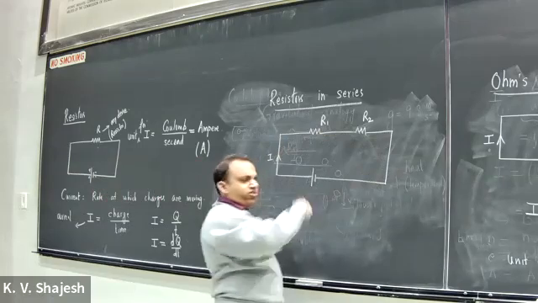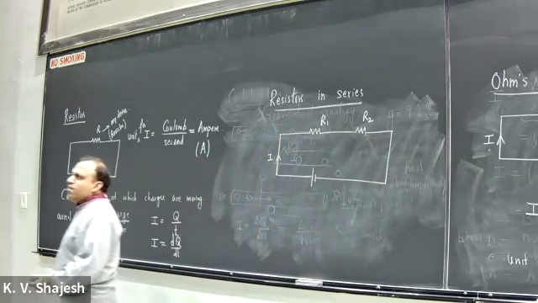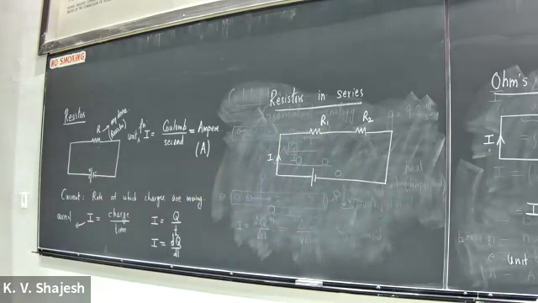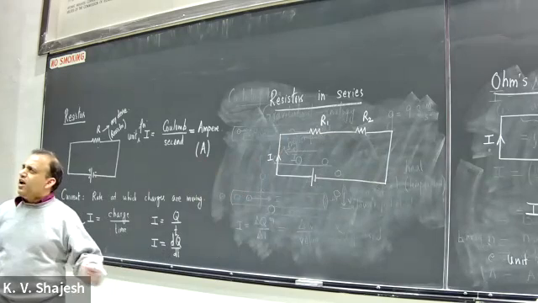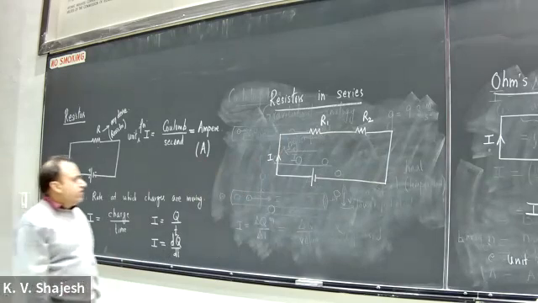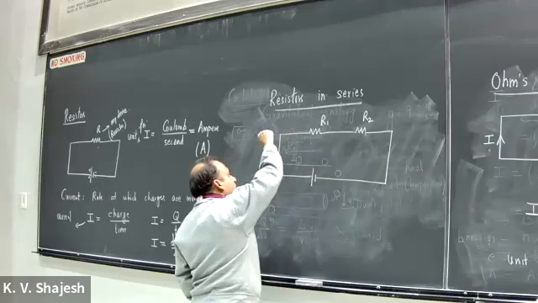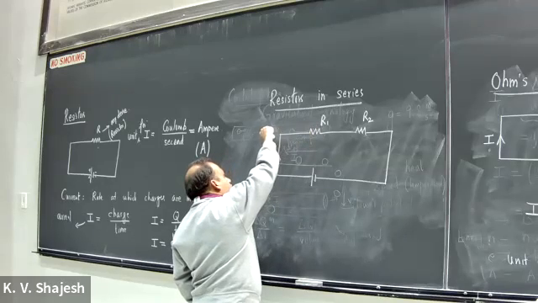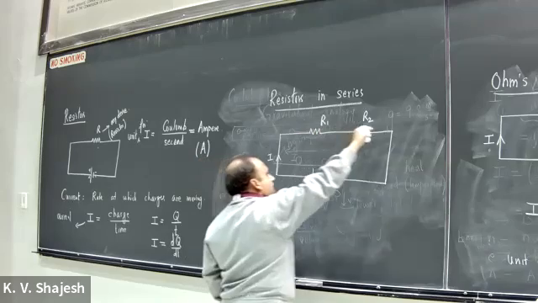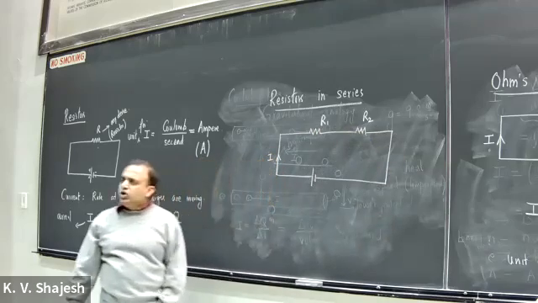Like positive charges to negative charges, the current itself does not change, but in the process, it might lose energy. That's a different scenario. But the current is exactly the same in the same wire. It's like a pipe, a water hose. However much water goes in has to come out of that.